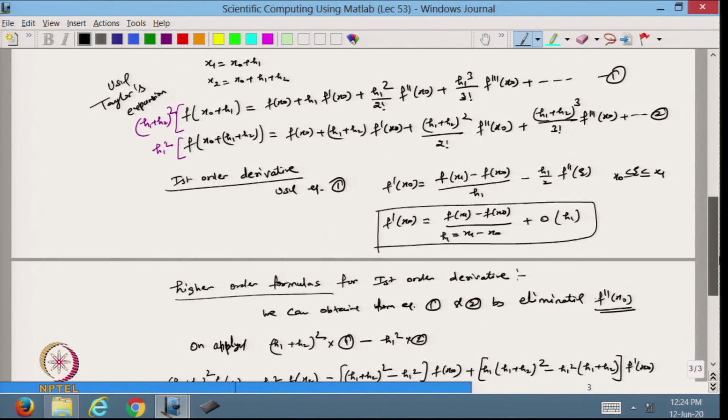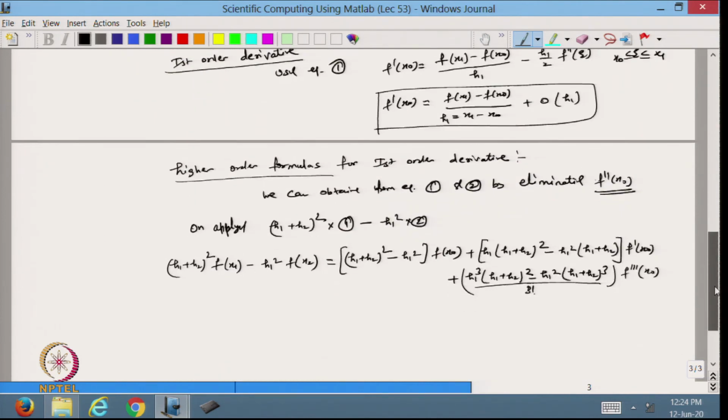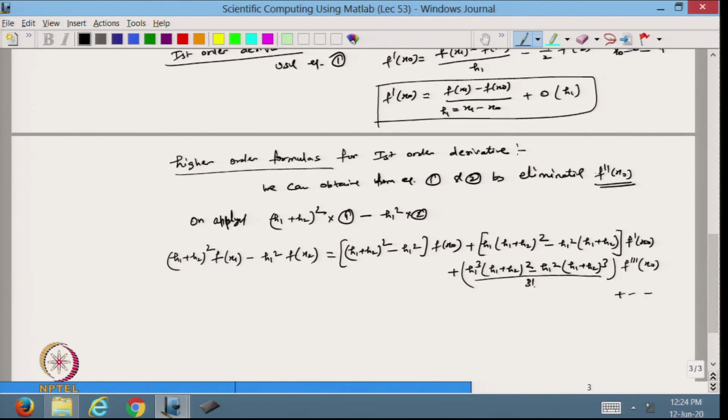So, this corresponds to the triple dash term and so on. So, this one we can write down. Now, from here we are able to eliminate my second derivative f double dash x naught.